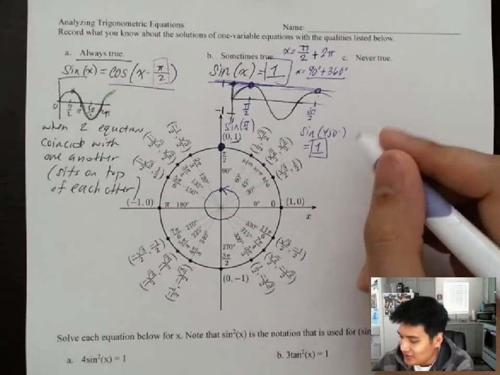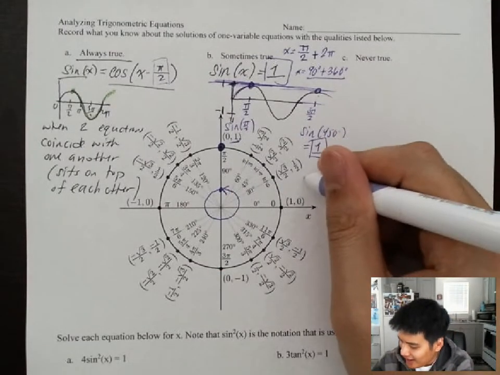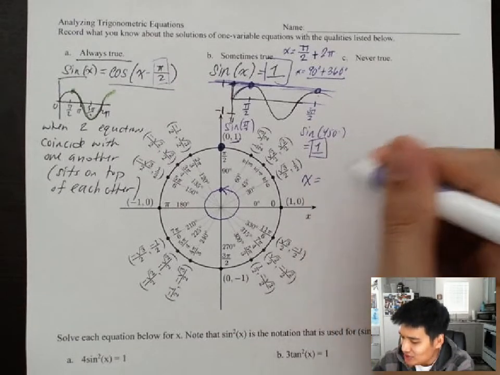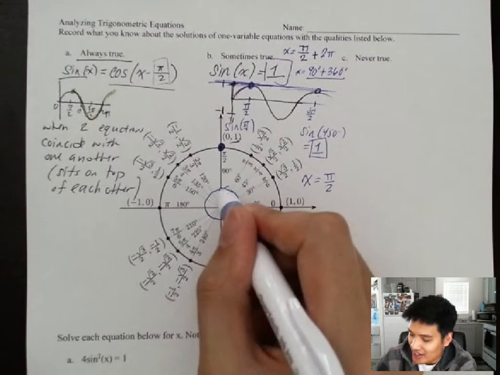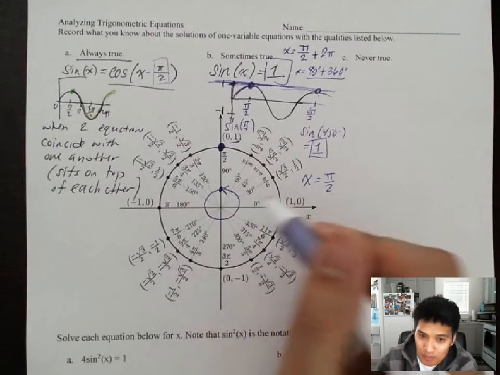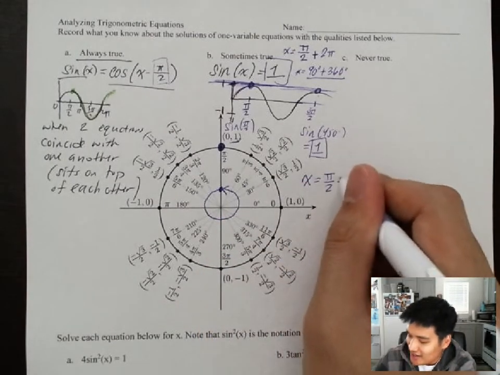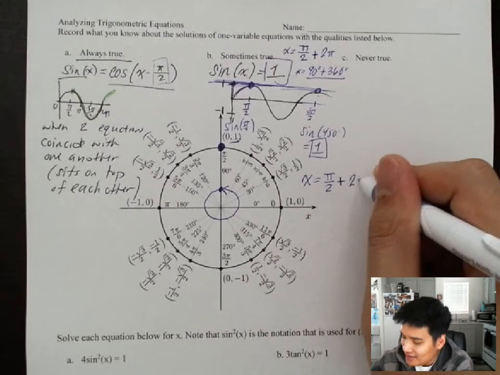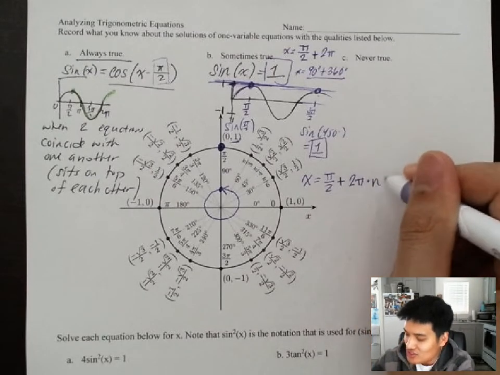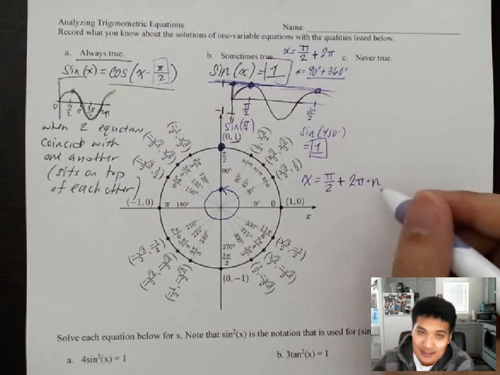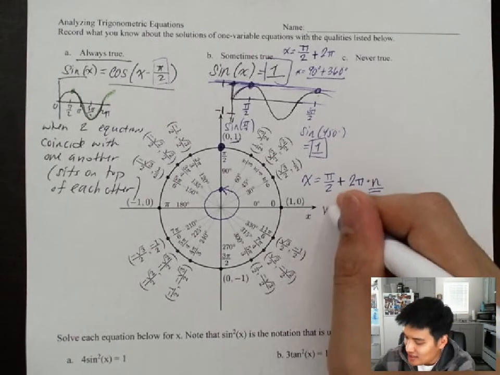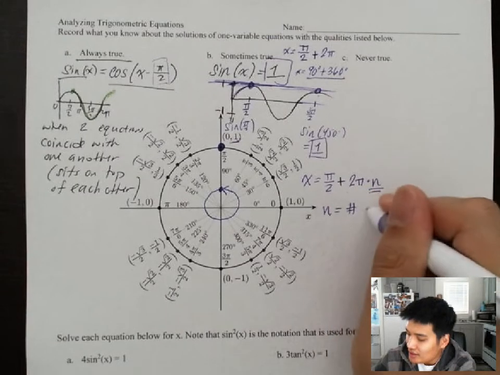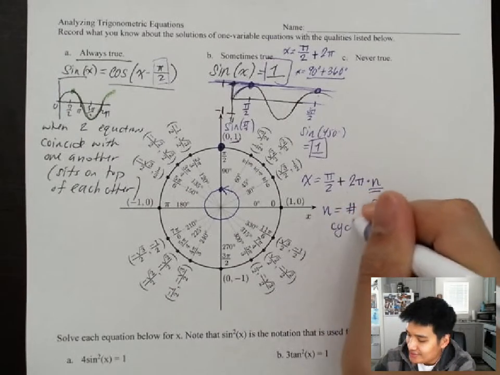So some ways we can write it is that x is equal to pi over 2, because that's the first time we see a 1, but essentially I can keep adding rotations, which is symbolized as 2 pi, as many times as I want. In this case, n represents the number of cycles.